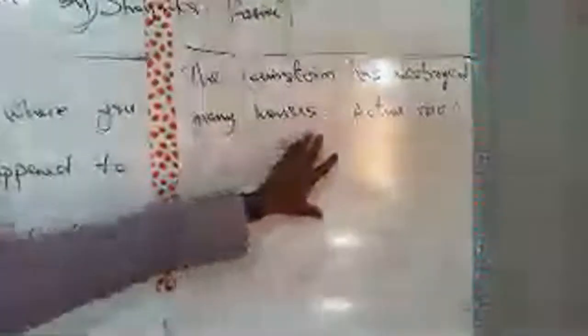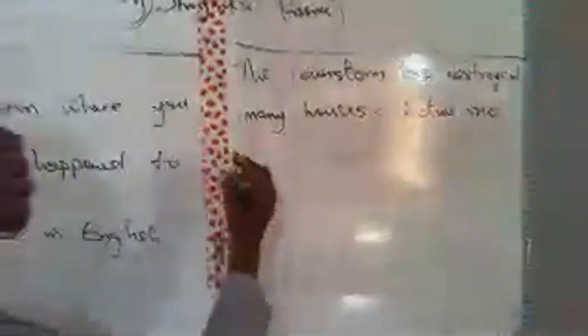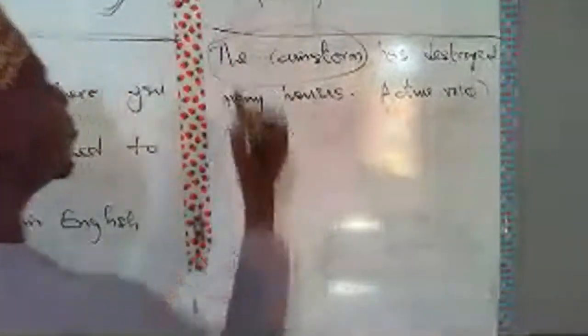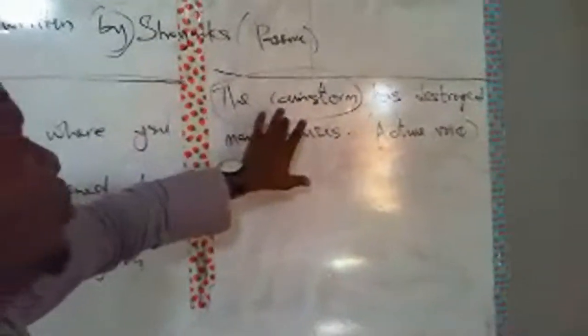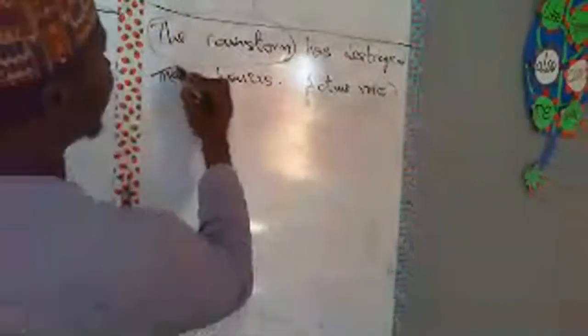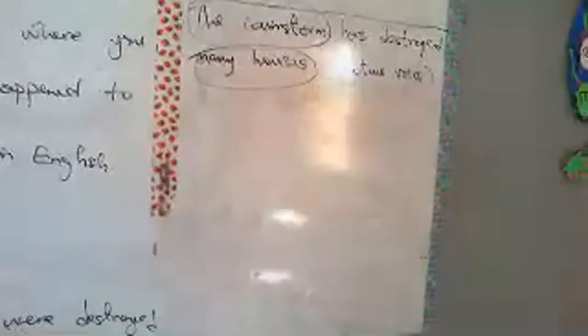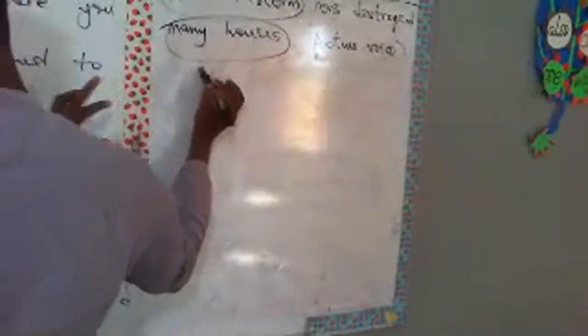It has changed to active voice sentence. If you look at this sentence, that means we've already brought the subject back to its position. This is just a noun phrase in position of subject. And here, this is the object.